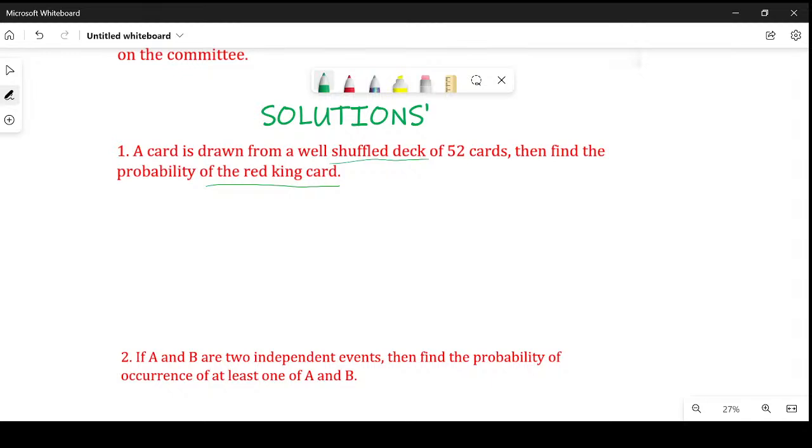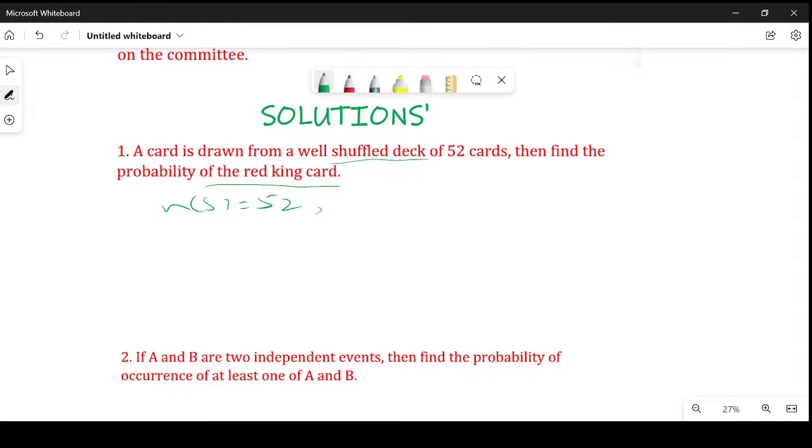What are the total outcomes? 52 cards, so the number of sample points is 52. So n(S) is 52.